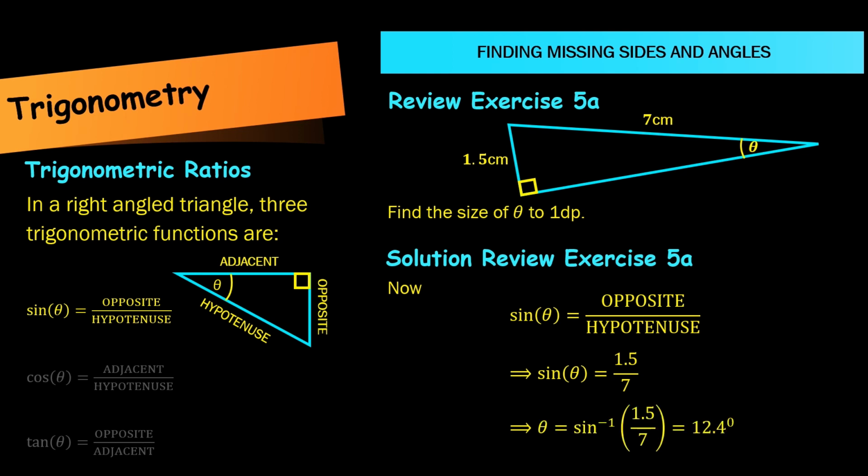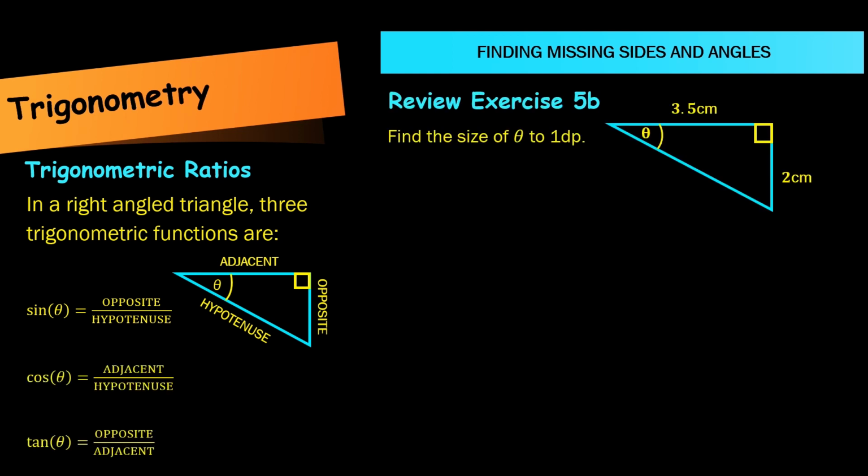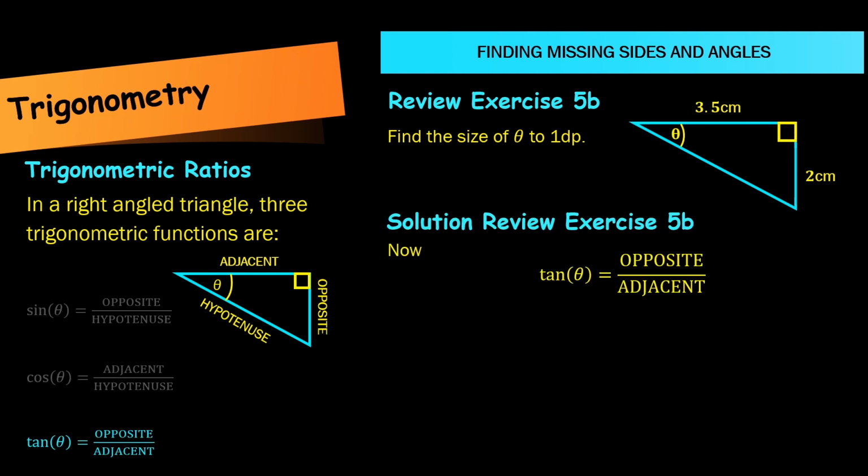And now for review exercise 5b, we are required to find the size of theta to 1 decimal place in the given diagram. So in this diagram, we have the opposite, which is 2 centimeters, and we have the adjacent, which is 3.5 centimeters. And of course, we're required to find theta. Therefore, we use the formula tan theta equals opposite over adjacent.